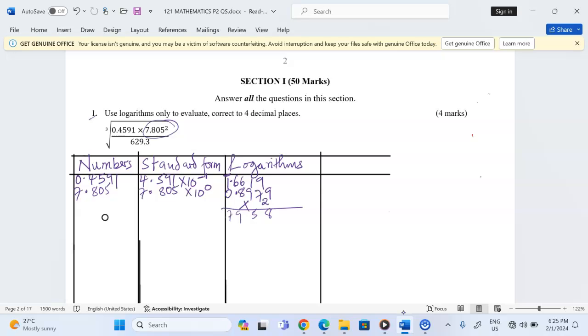So we have this log as 1.5790, that is 0.7... Then we note that the first logarithm was bar 1.6619.